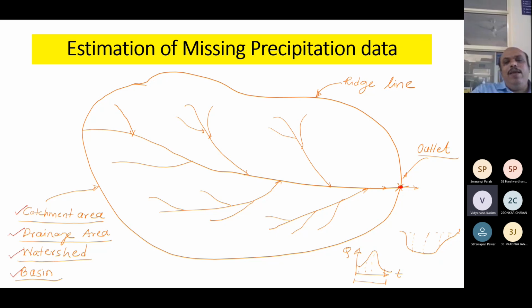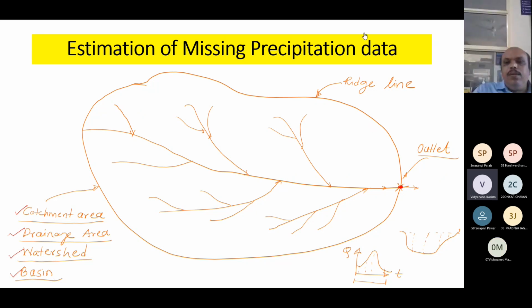So we can see it is a network of streamlines, also called drainage lines. All these drainage lines are connected to the main drainage line, and there is a common outlet for this main drainage line. Okay, so now the concept of catchment area is clear to you.